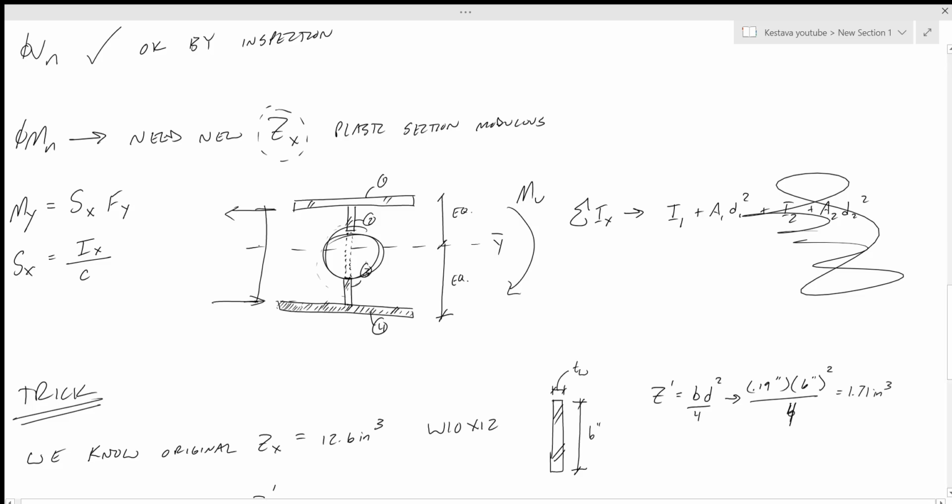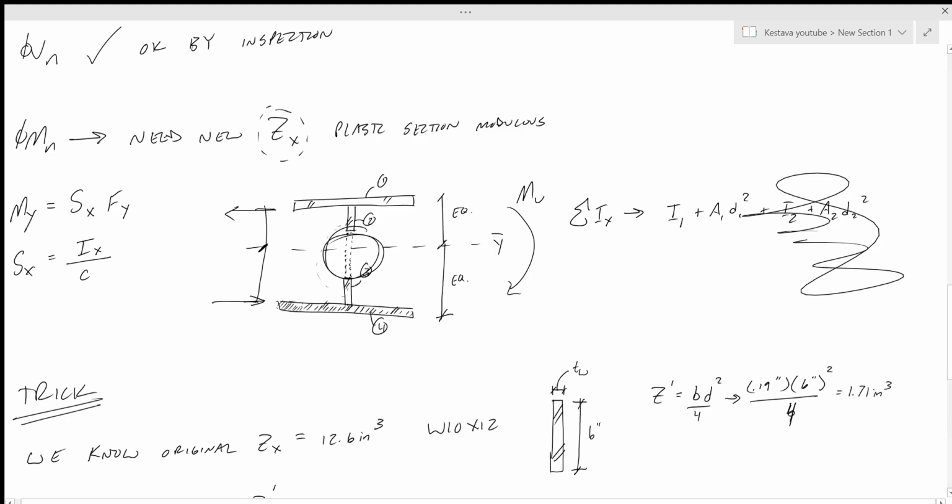So that all correlates within the equations to your neutral axis and how far away it is. So if you start removing bits that are far away from the neutral axis, it's going to make big impacts. But as a rule of thumb, if you keep it tight to the neutral axis, the effects are usually minimal.